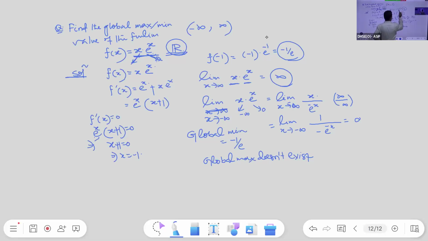Okay, next question. Find the global maximum and minimum values of the function f of x is equal to e power x upon x plus 2. F of x is equal to e power x upon x plus 2.